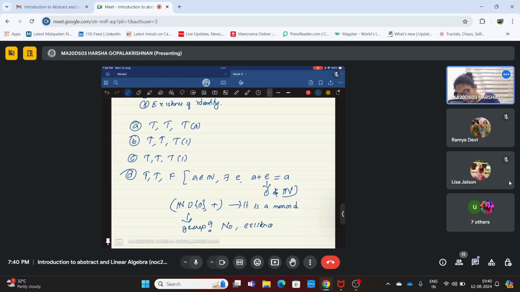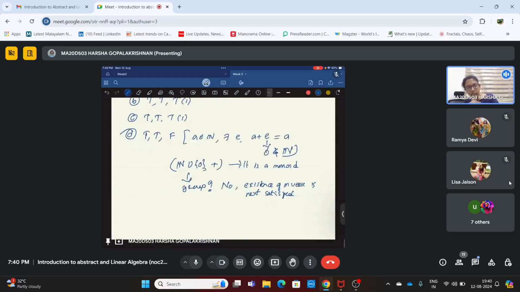Existence of inverse is not satisfied because for some A, 0 is the identity, so A plus some element should be equal to 0. What is that element? It is minus A. That minus A is not there in the natural numbers. The given set N union 0 is just 0 and all the positive natural numbers. So inverse is not satisfied.